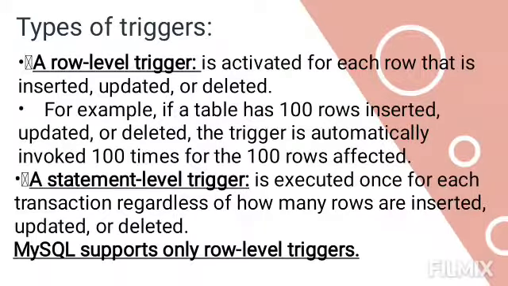Suppose you have 100 rows in a table, and an insert, update or delete operation occurs in that table, a trigger is automatically invoked 100 times for the 100 rows. Statement level trigger.